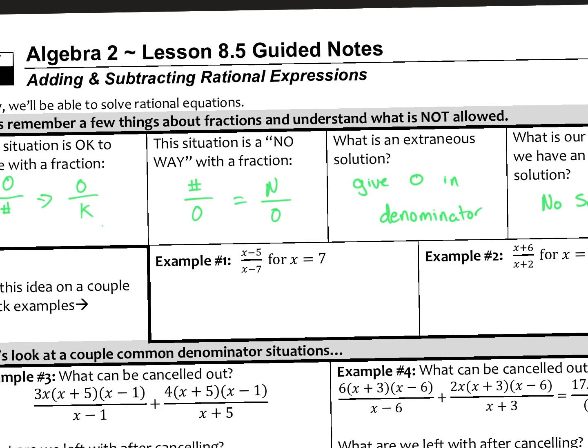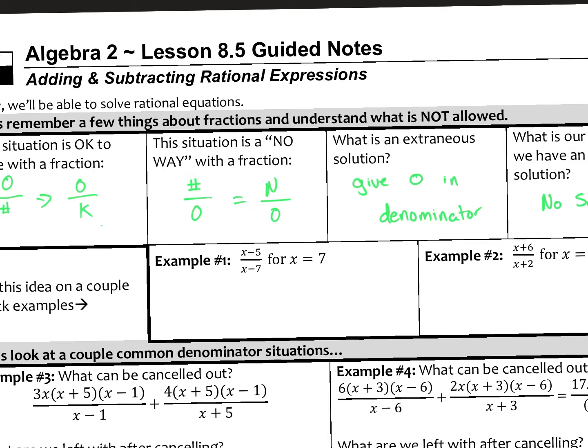Okay, so for example, if we look at number 1, we have this x minus 5 over x minus 7, and we're plugging in x equals 7. Okay, so if I plug that in, 7 minus 5 over 7 minus 7, that would equal 7 minus 5 is 2, 7 minus 7 would be 0, and we'd have no solutions. That's not okay.